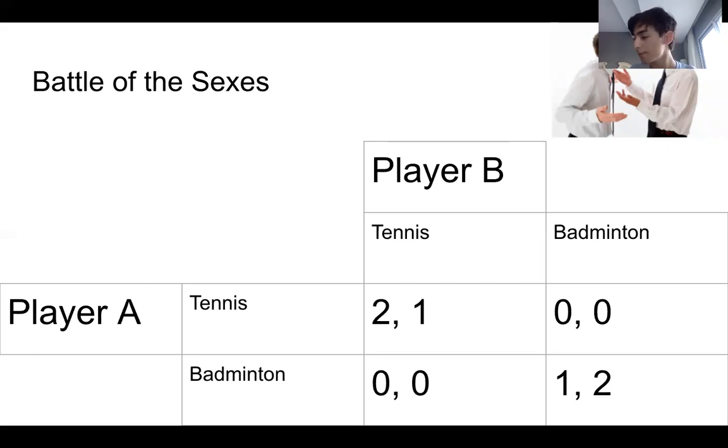However, if cooperation is possible, then what might instead happen is that players both choose the same thing all the time, but you cooperate to see which one you choose at a given moment, such that you choose an equal amount, right? Let me say that in a much more understandable way. You decide, hey, let's do tennis today, badminton tomorrow, tennis the day after, and just off and on and off and on.